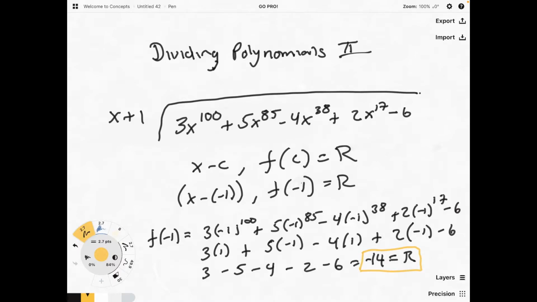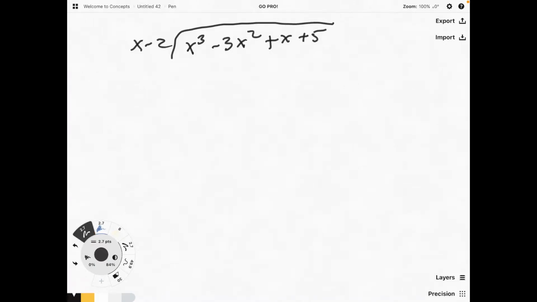So you see how this property makes using division substantially easier when you're trying to find specific information like the remainder. Let's try another example. All right, in this case, we have the function x raised to the third power minus 3x squared plus x plus 5, and the question asks us to find the remainder.